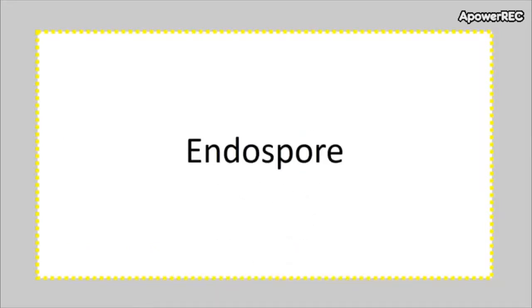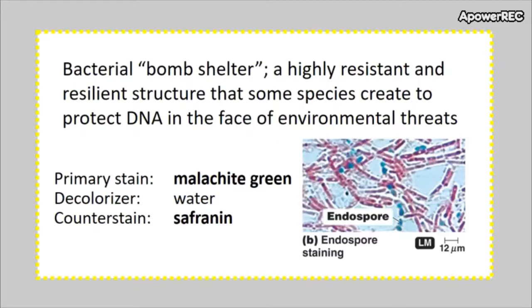26. Endospore. Okay, remember the endospore is a particular type of cell. The cell builds essentially a bomb shelter around it that makes it highly resilient and resistant to extreme conditions or environmental threats.